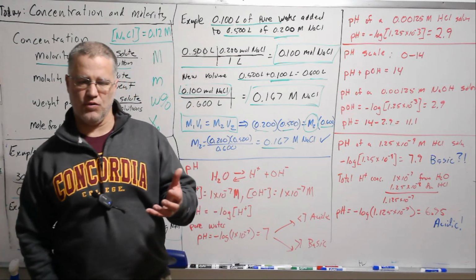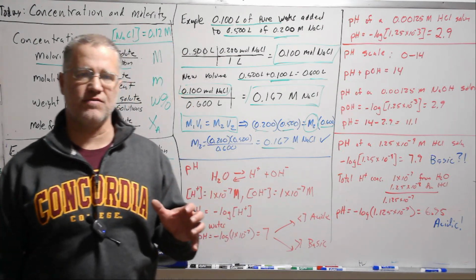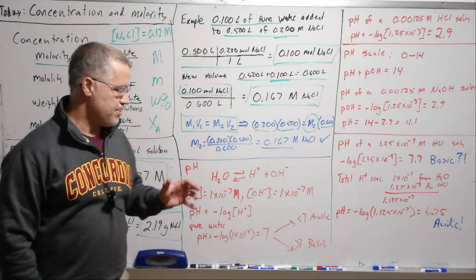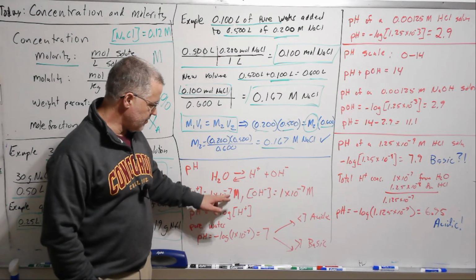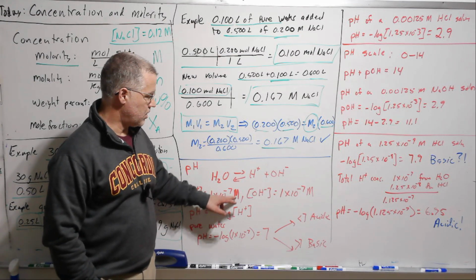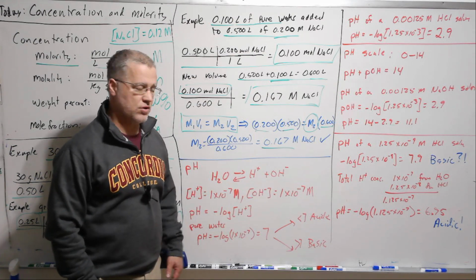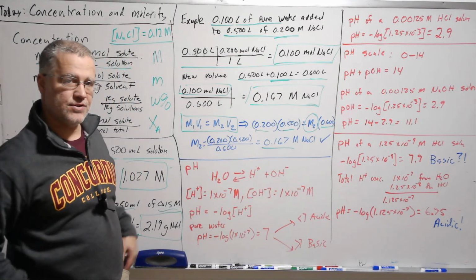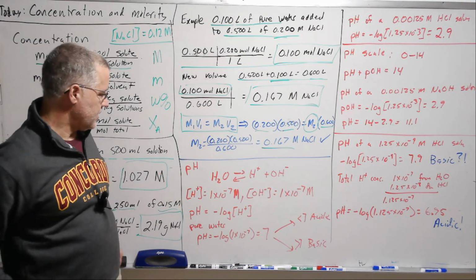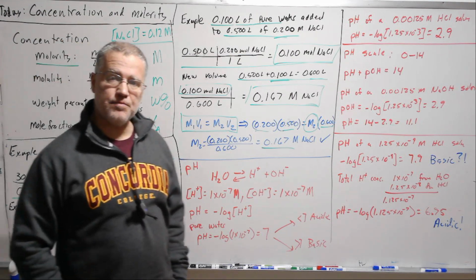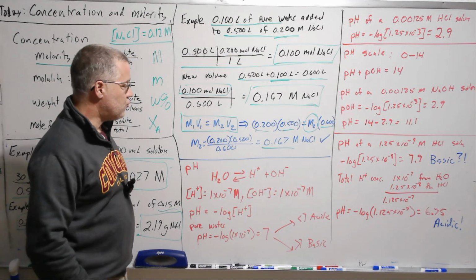So most of the water in a glass of water is H2O, but a very small amount, 10 to the minus 7 molar, is H+, and thereby exactly 10 to the minus 7 molar is OH minus. So water breaks up. And this actually sets the pH scale, and it sets the neutral.